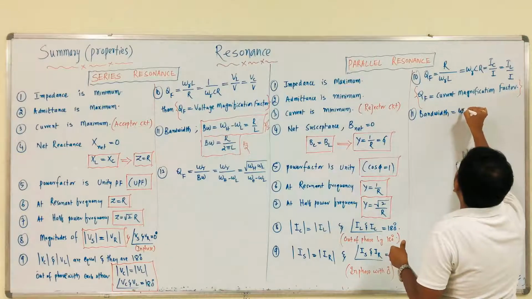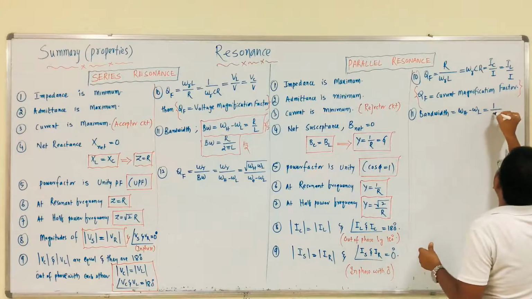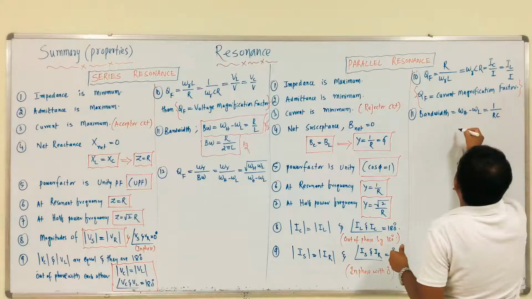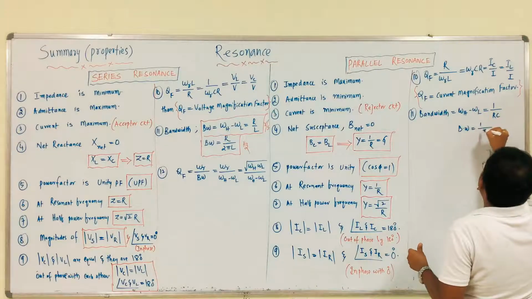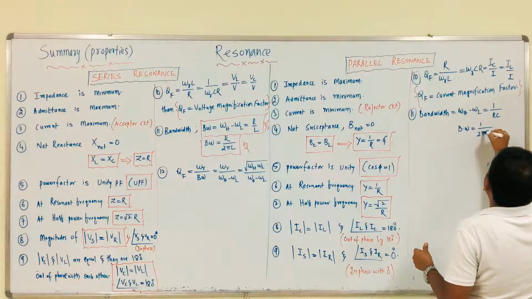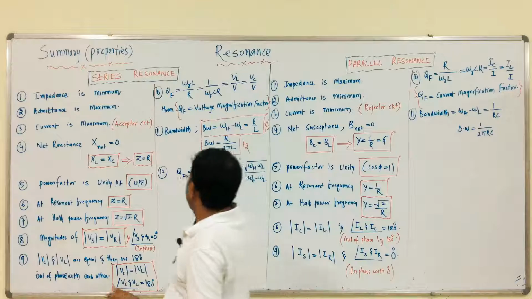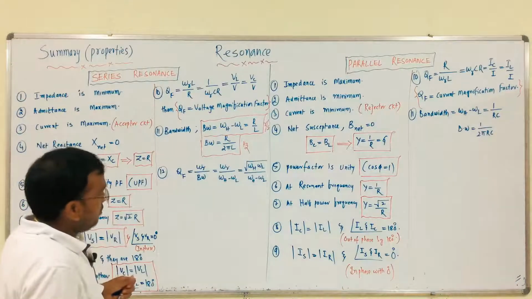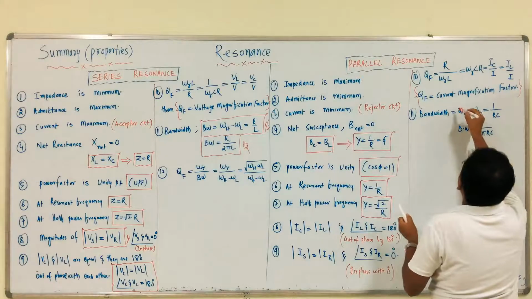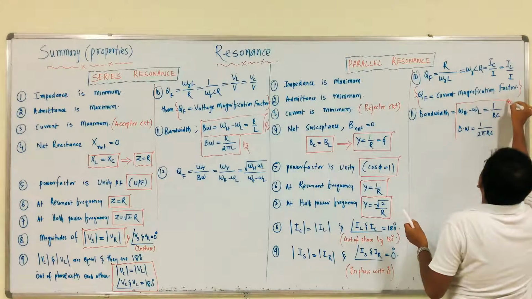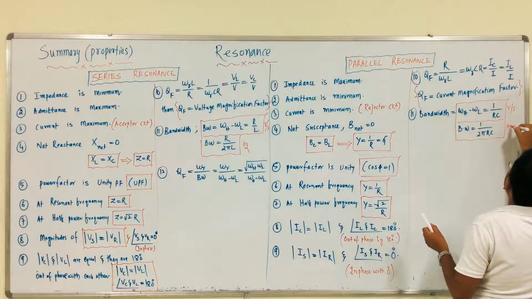Bandwidth, which is equal to upper cutoff frequency minus lower cutoff frequency, is equal to 1 by RC, or you can say 1 by 2 pi RC. Sorry, we forgot resonant frequency. No problem. This is radians per second, this is hertz.